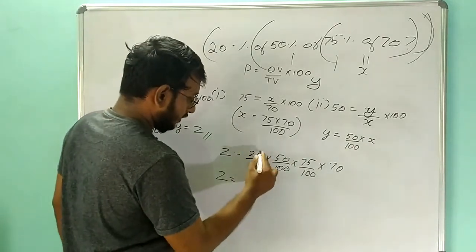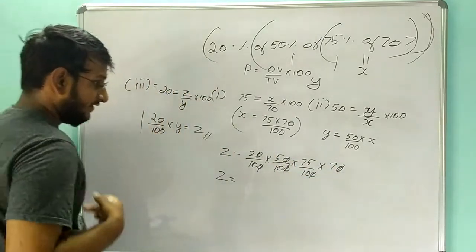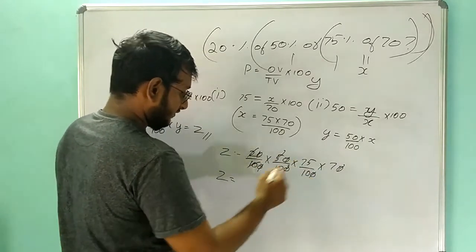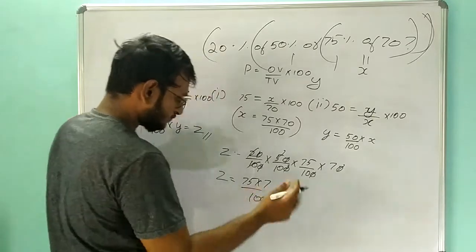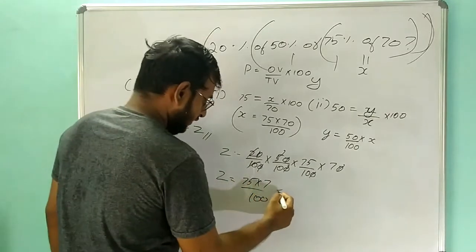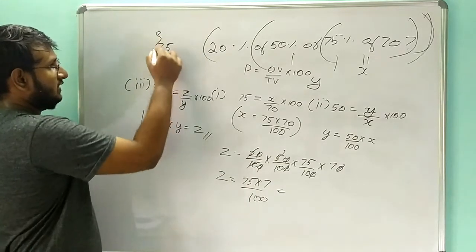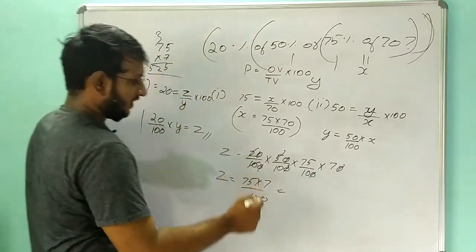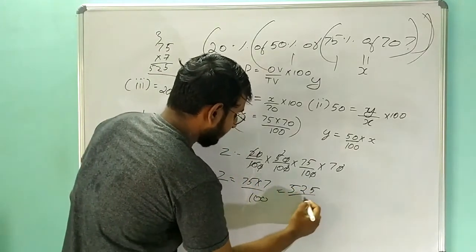So first let's cancel all these zeros, okay? So I will be having 10, again I can cancel this to 10, then I will be having 100, 75 into 7 by 100. So this will be my equation. So 75 into 7, 5 to 5, 5 to 5 divided by 100.